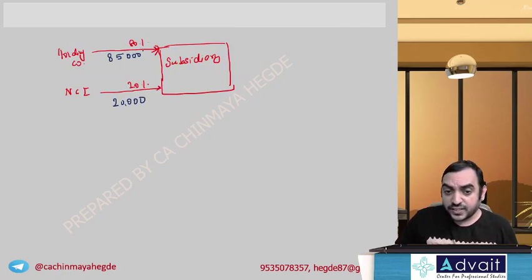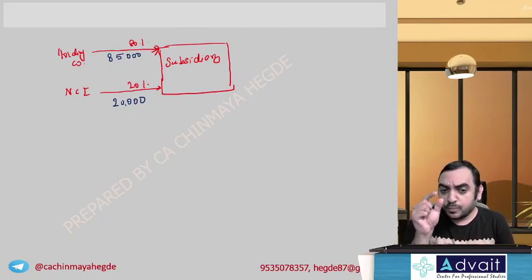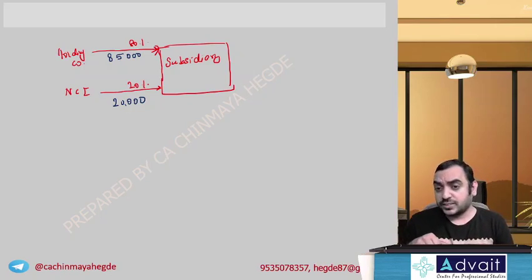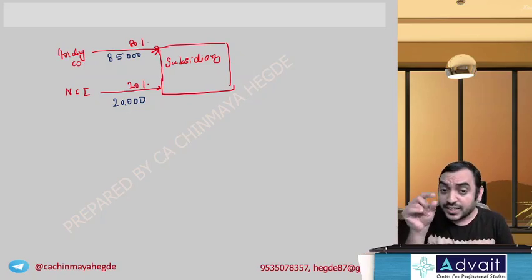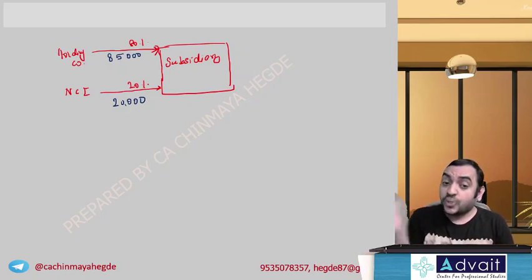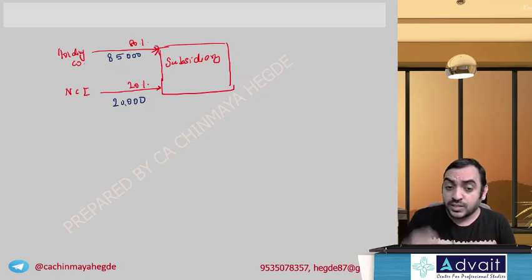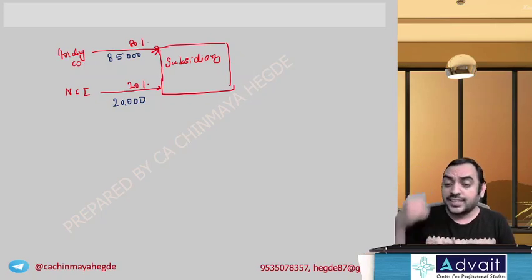Now this 85,000 includes, okay, now tell me why these two numbers are not proportionate. Please tell me. Both are at fair value only. One is 80%, 85,000, but 20% is not 25,000. What do you think is the element included in the holding company's 80% valuation but not in the NCI valuation? Goodwill. Perfect.